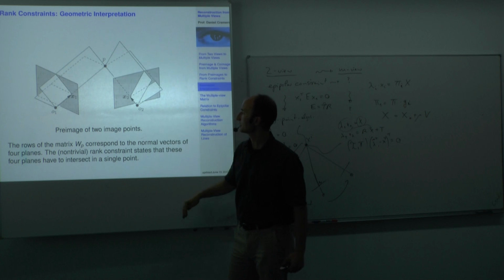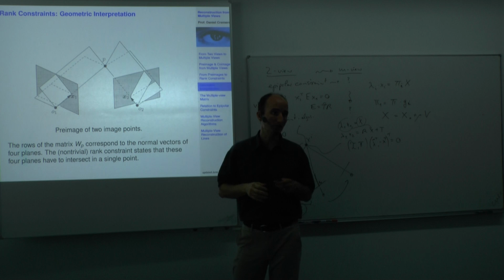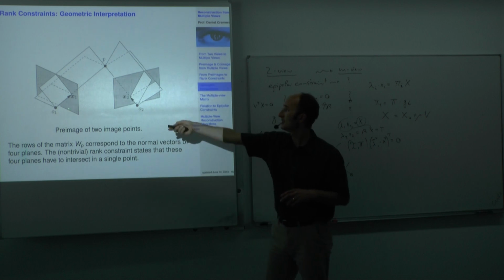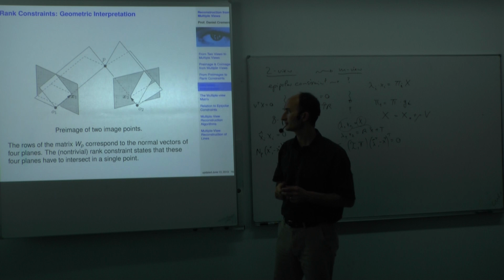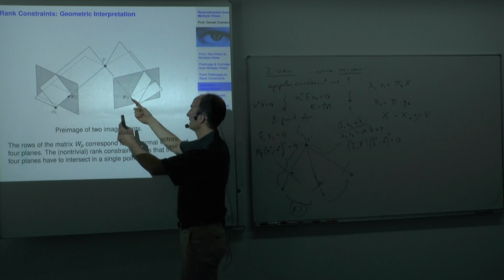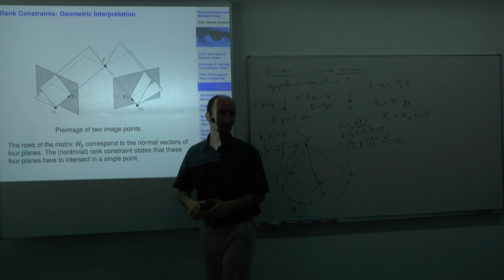It's a matrix that says the 3D point should be in the intersection of 2m planes. If we have 2 images, these are 4 planes. And that is indeed a non-trivial constraint. Right? If I had a different camera motion, then there would be no intersection at all.